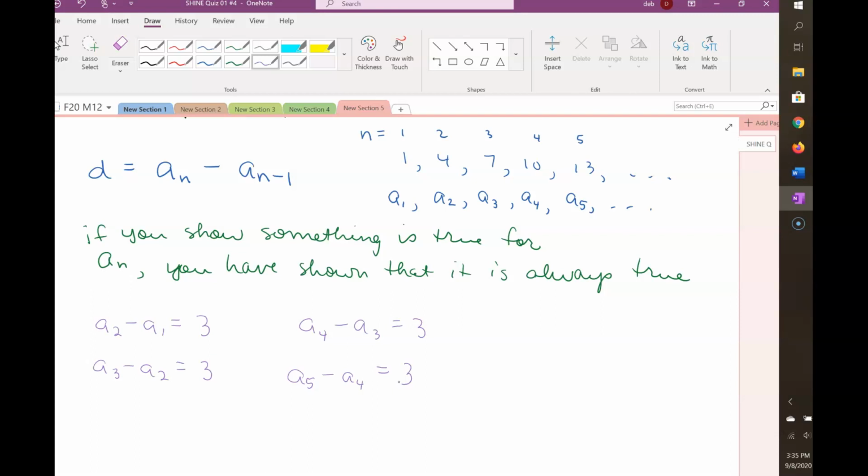Okay, so this sequence, let's see, they're going up by 3s, so I know it's going to have a 3n in it. And then I have to end up with a 1 at the beginning. So it looks like I'm going to need to subtract something.